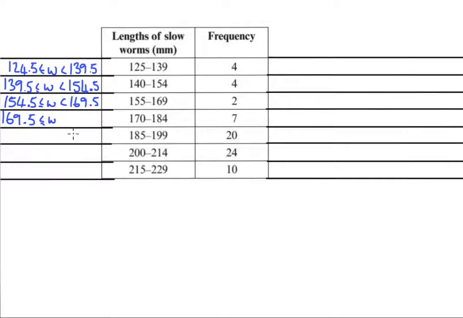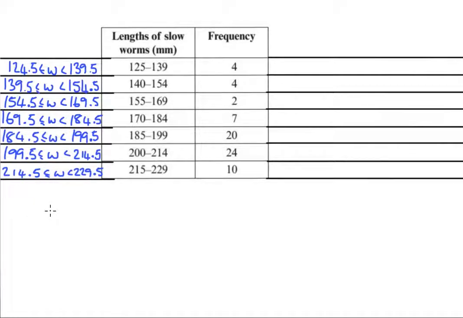Hopefully they'd give it you in this form already and we wouldn't have to do this. 184.5. Okay, so once we've done that, we're now ready to find the mean and the standard deviation.